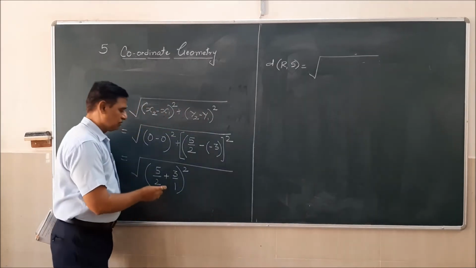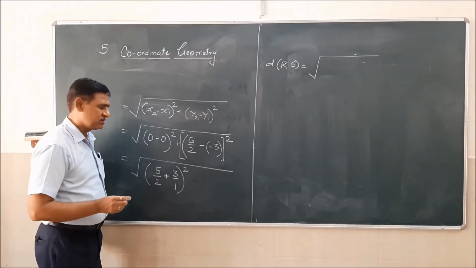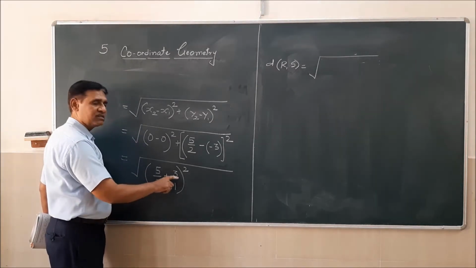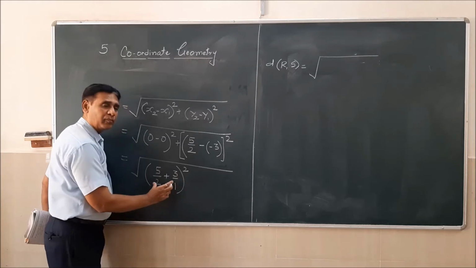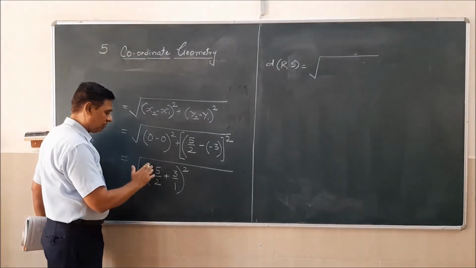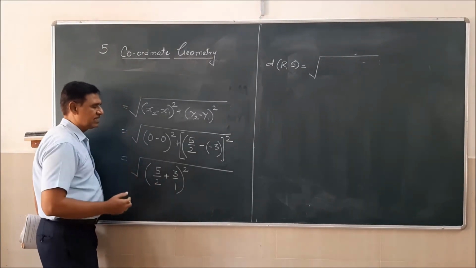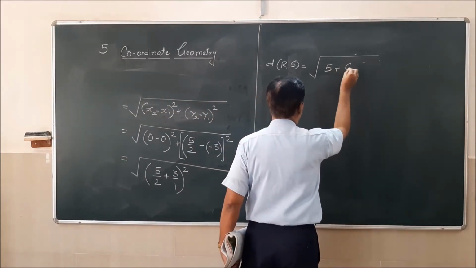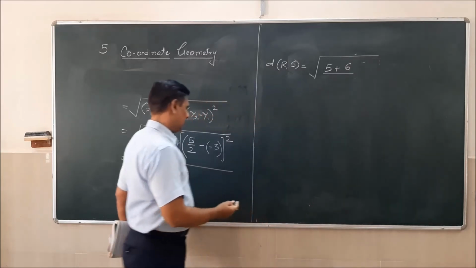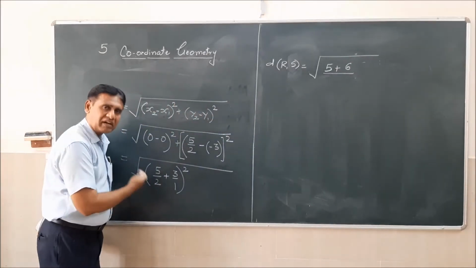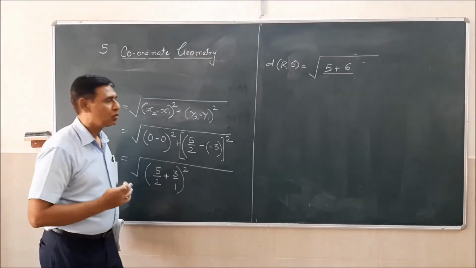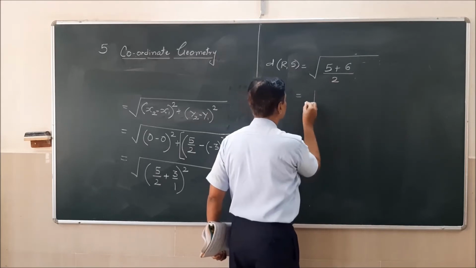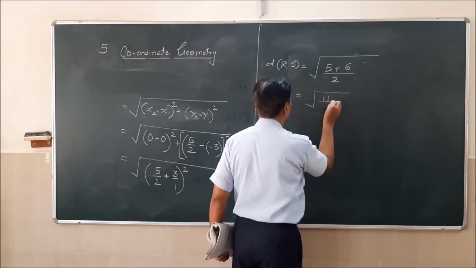Now see here, dear students, how to do cross multiplication. 5 ones are 5 plus 3 twos are 6, upon the product of the denominators, 2 ones are 2. So this is how you get the answer as 11 upon 2.